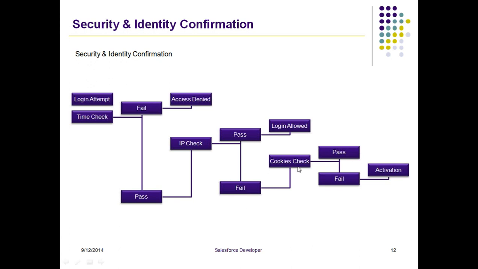Any time any user logs in to Salesforce, time check happens, after that IP check happens. Even if you are trying to log in from an outside IP address, you have the option to log in if you have already logged in before, or if you have access to the registered mobile number or registered email ID, you can get the verification code and authenticate the system. So that can be done.